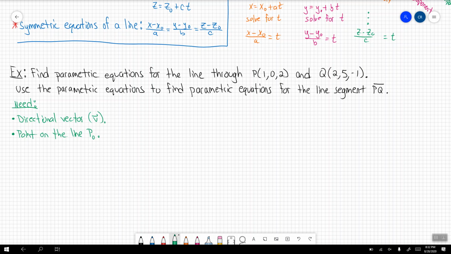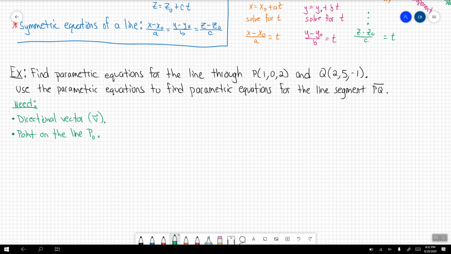I want you to notice those similarities back to algebra class. To create the equation of a line in algebra class, what did we need? Well, we needed a slope and we needed a point. As soon as we had those two things, awesome, we generate the lines all day long. And that's exactly what we want to do here. Identify those two basic items, directional vector, point on the line, and let's keep going.